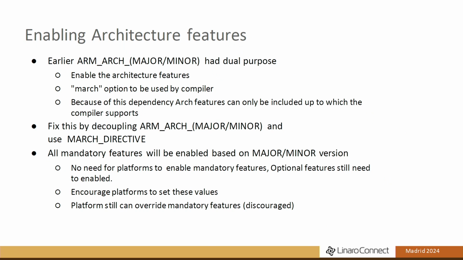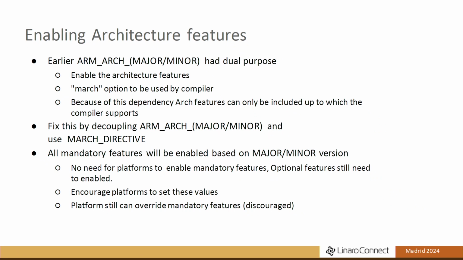And finally, I think this is the last one. We also recently introduced ARM_ARCH_MAJOR and MINOR macros to enable the architecture features. Earlier it had dual purpose: one was to enable the architecture feature, and it was also used to get the march version for the compiler.